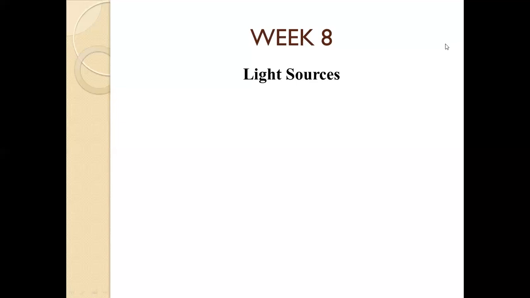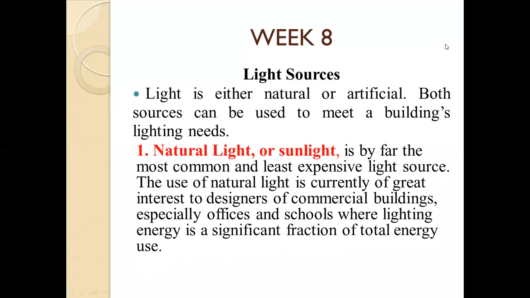So we have here some light sources, and light is either natural or artificial. Both sources can be used to meet a building's lighting needs. We have natural light or sunlight. Basically, it is by far the most common and least expensive light source.